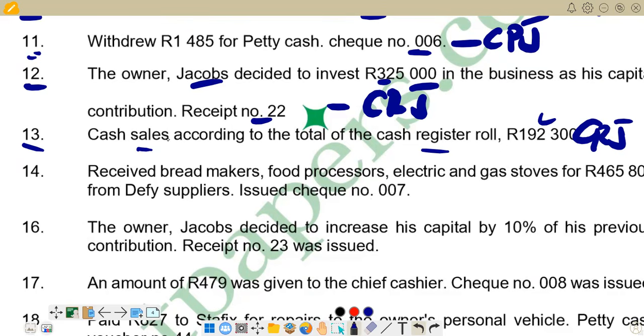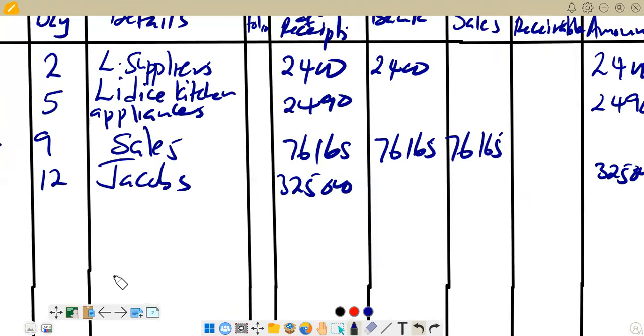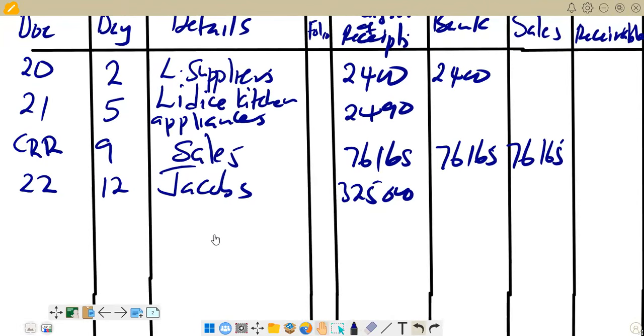We can go to the cash receipts journal and enter that one again. This is our cash receipts journal. We've got the column for documents, so we can go there and put that document.